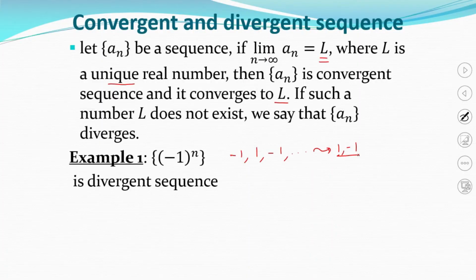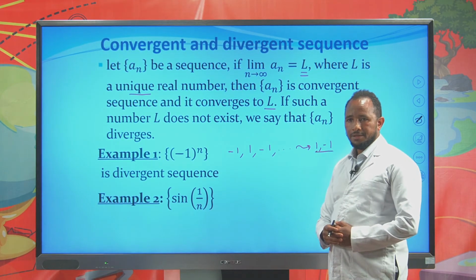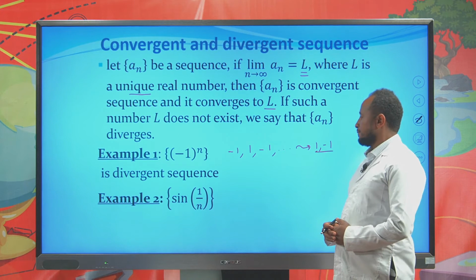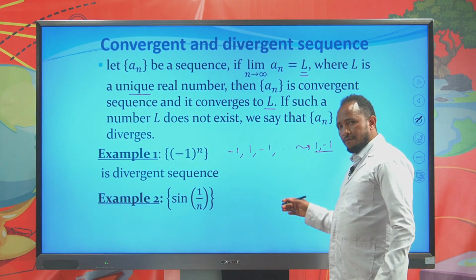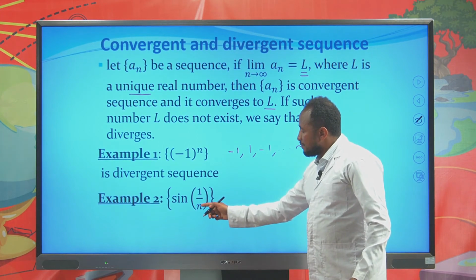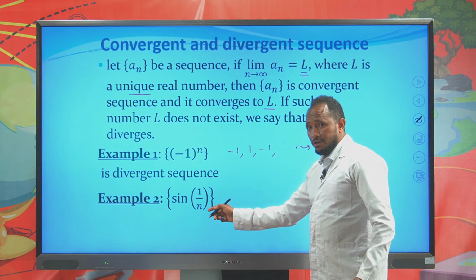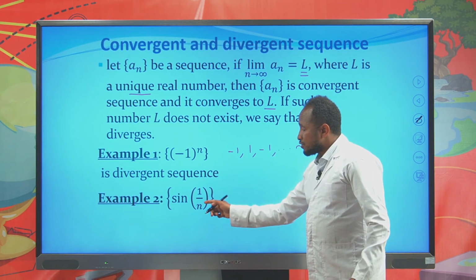Now let's see the second example, sine 1 over n. Look at this one. When n goes to infinity, 1 over a very big number, or 1 over infinity, when you take this ratio, this value goes to 0.